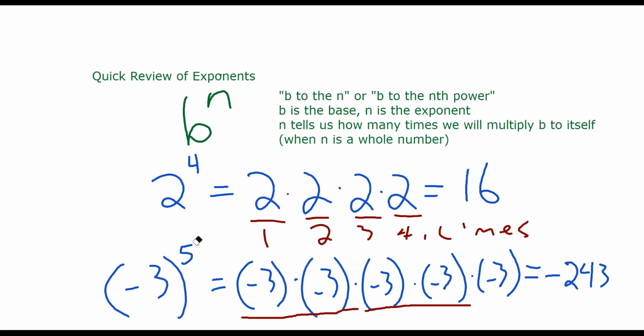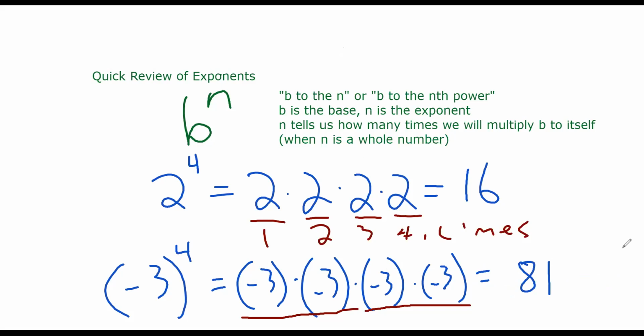Now compare that to, what if I raise negative 3 to the 4th power? That means that gets rid of the odd man out. I have negative 3 times negative 3, that'll become positive. Negative 3 times negative 3, that'll become positive. So the answer is going to be positive. In this case, it turns out to be 81.